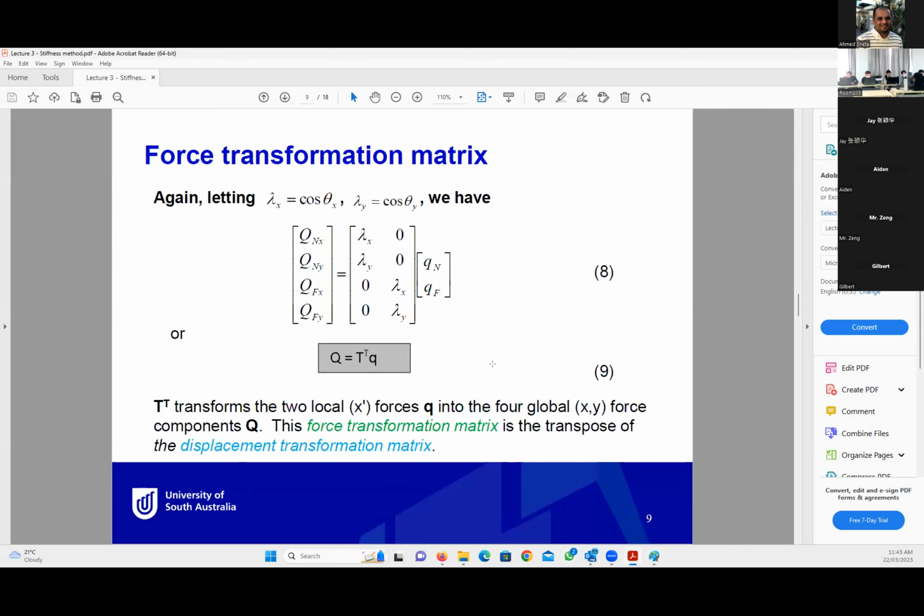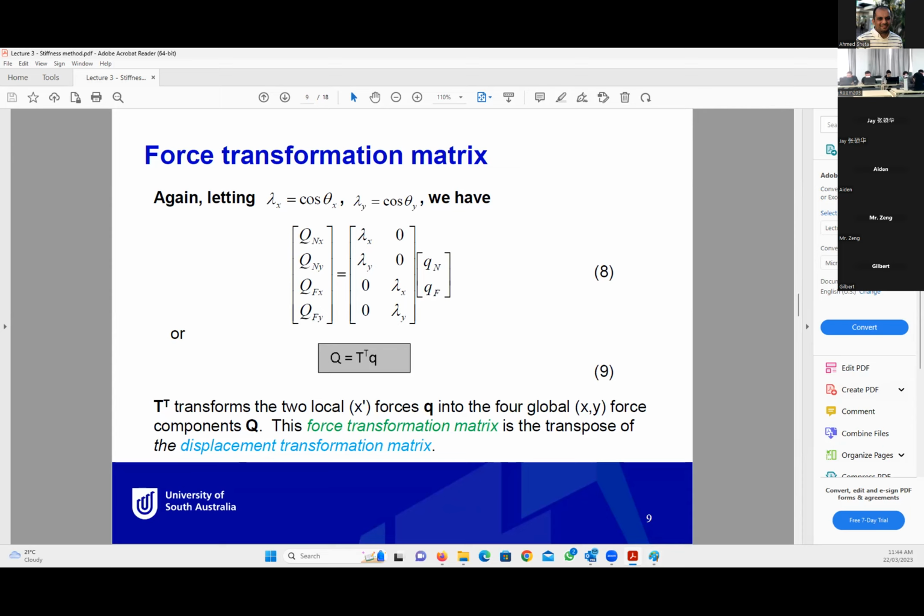Now, for the force transformation matrix, if we replace cosine theta x with lambda x and cosine theta y with lambda y, we will have Qnx, Qny, Qfx, Qfy equal to the matrix lambda x, lambda y, 0, 0 in one column, and 0, 0, lambda x, lambda y in the other, times Qn, Qf.